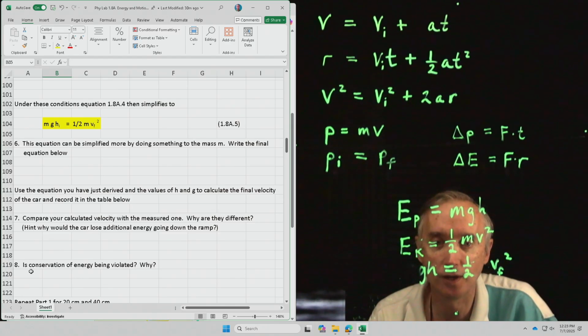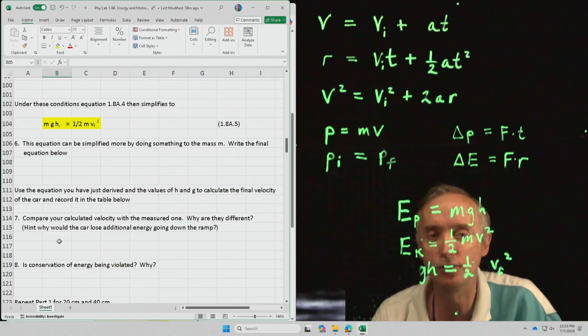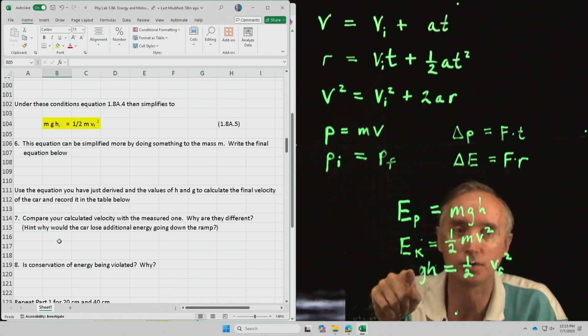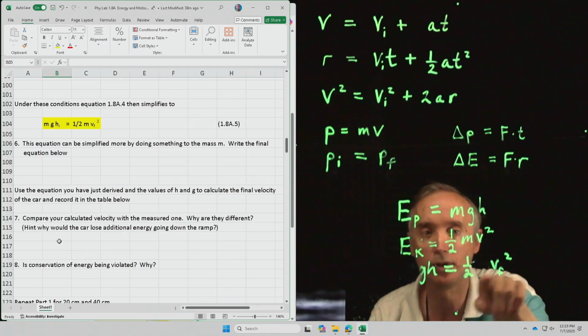So question number 8 is, let's see. Now I need for you to calculate the velocity of the car. So we're going to use this to calculate the velocity of the car. What we could do is multiply both sides of the equation by 2.